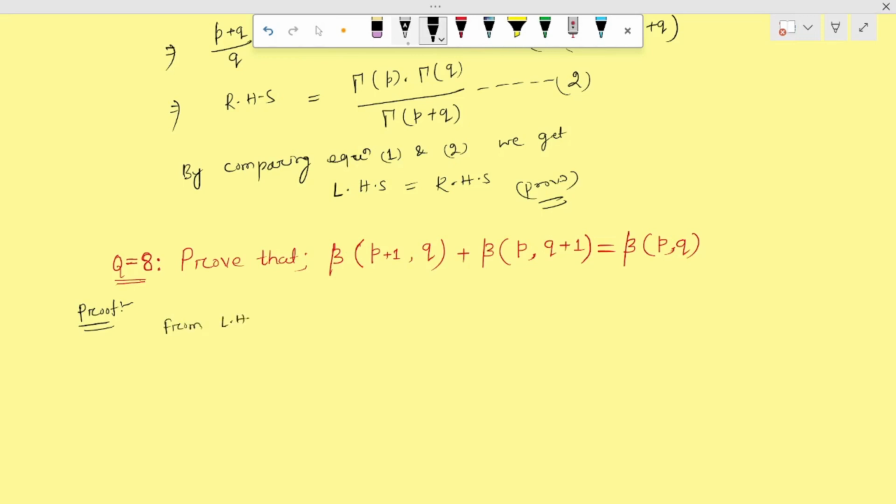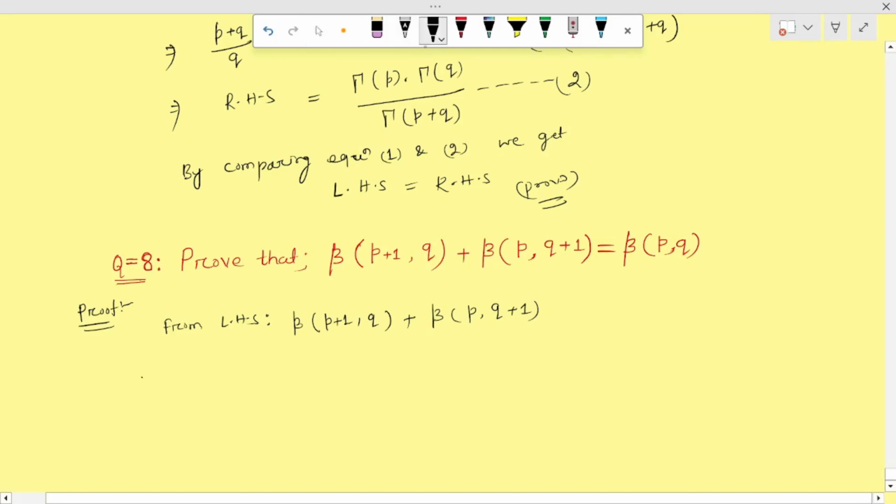From LHS we have beta p plus 1 q plus beta p q plus 1. Now, by using the relation between beta and gamma function, this one, beta p plus 1 q, can be written as gamma p plus 1 into gamma q, divided by gamma p plus 1 plus q, or we can write p plus q plus 1.